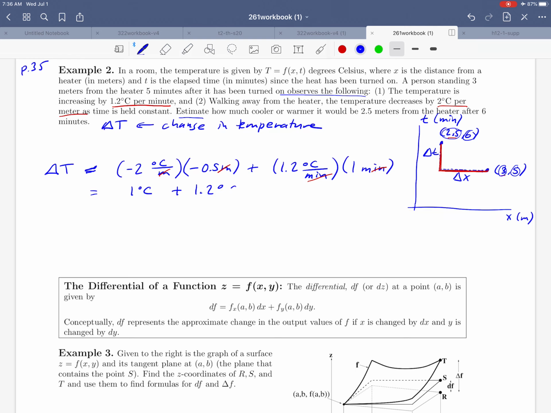And again, we can ask ourselves, does it make sense that we get a positive number there? And it does, because as time goes on, this heater is going to warm up the room, so it makes sense that we should get a temperature increase. And so add those two numbers together, and we get our approximate temperature change, which would be 2.2.